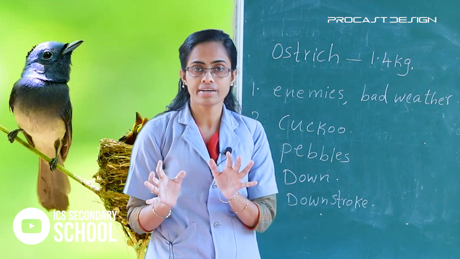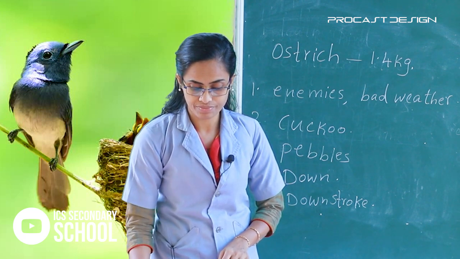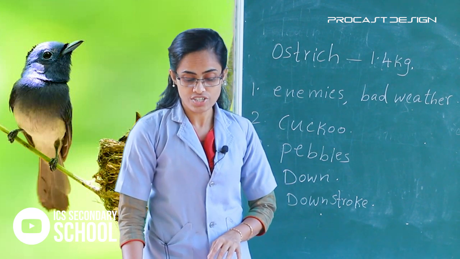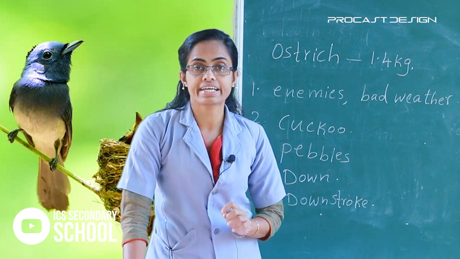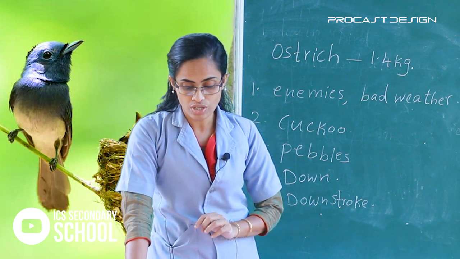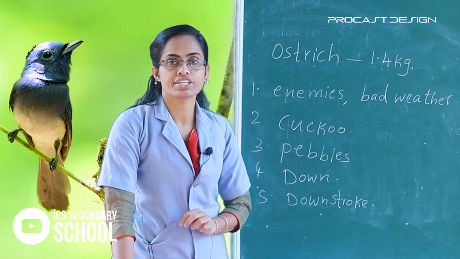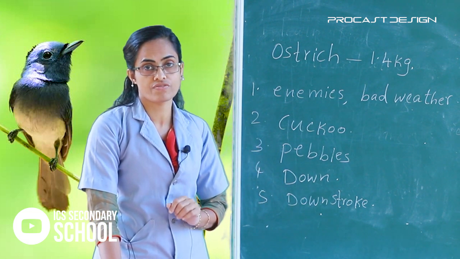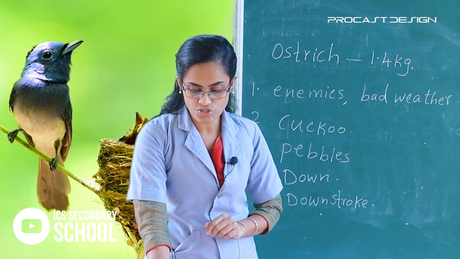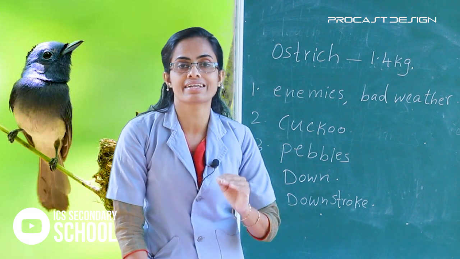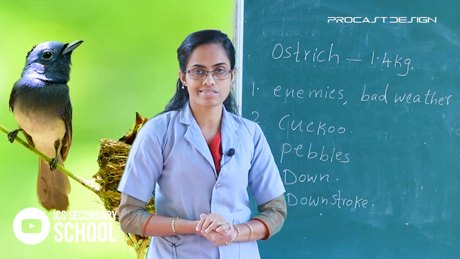First I read this paragraph. The first question, how do birds look after their young ones? The second one, name any three things used by birds to make their nest. What are the three things?